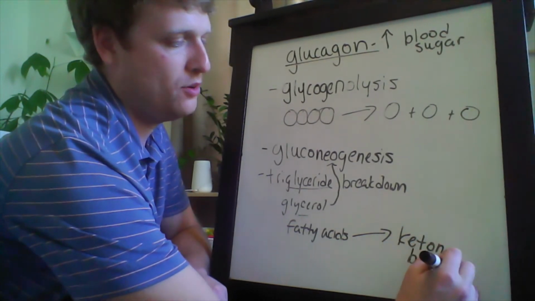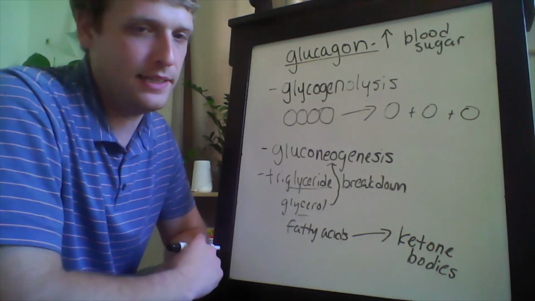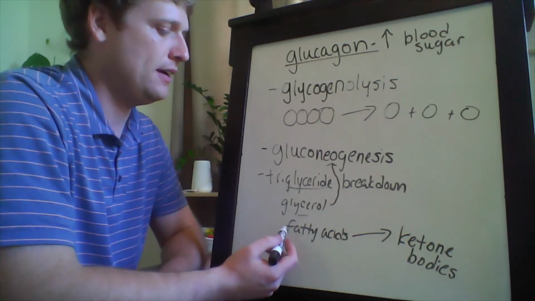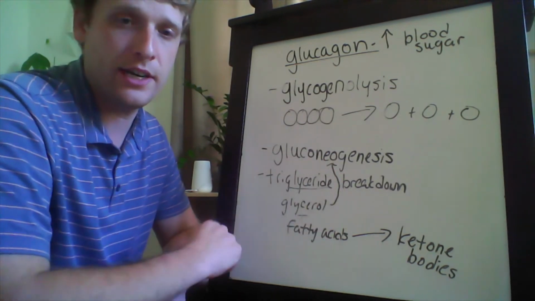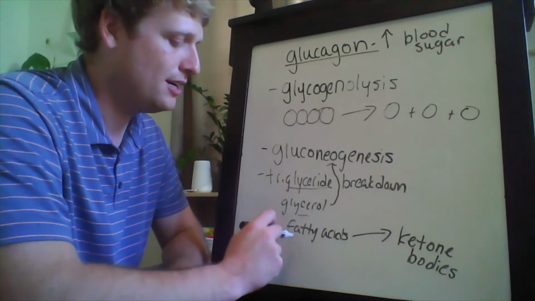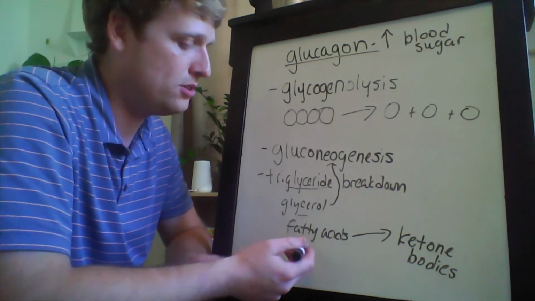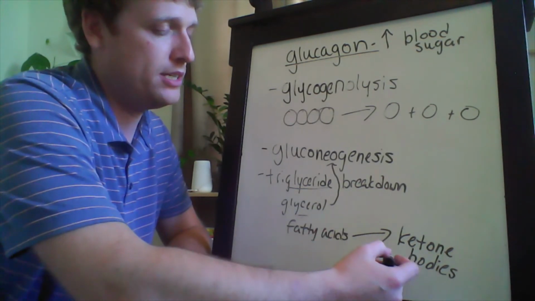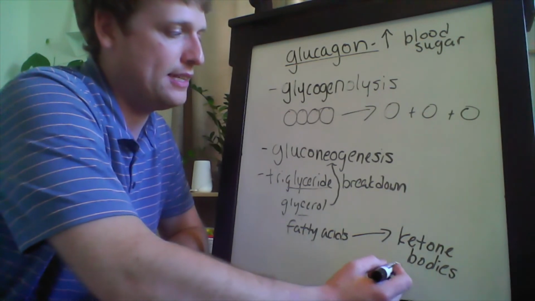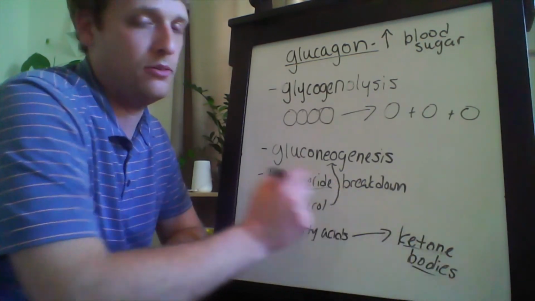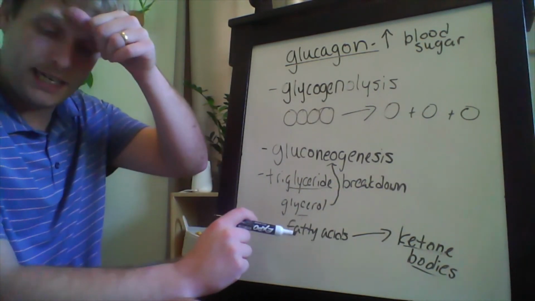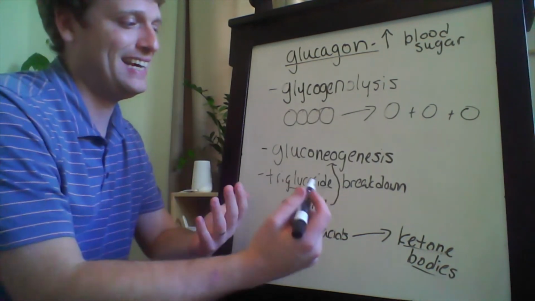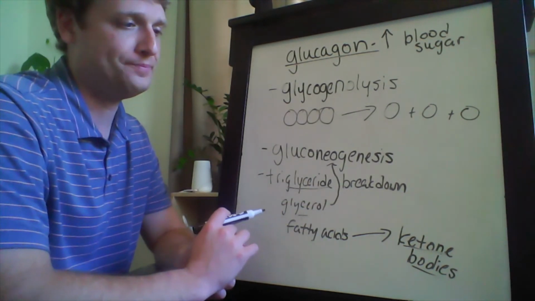Some of you might have heard of ketogenic diets, where your body shifts away from using sugar as its preferred energy source and shifts towards preferring to use fats to get energy. The reason it's called a ketogenic diet is that it's going to produce lots of these ketone bodies. Now, ketone bodies have an acidic nature to them.